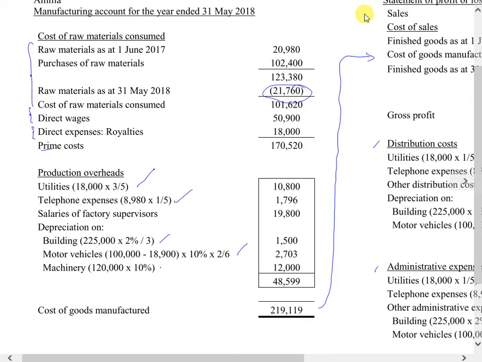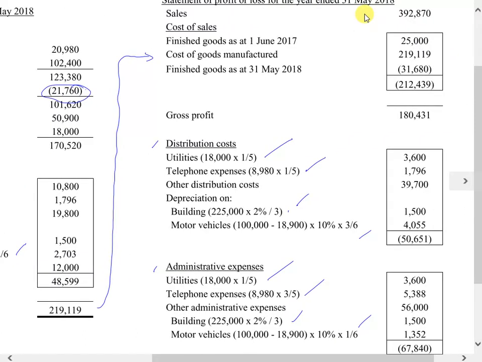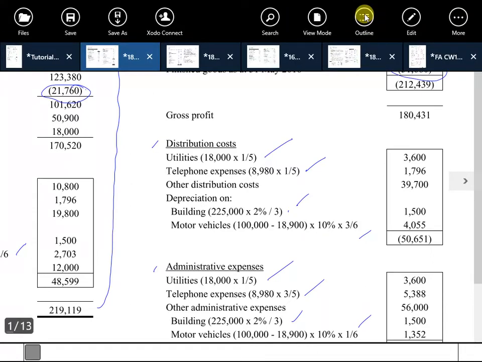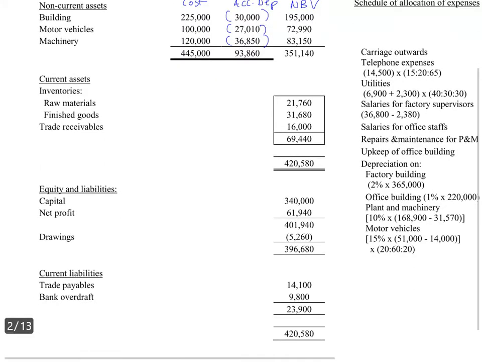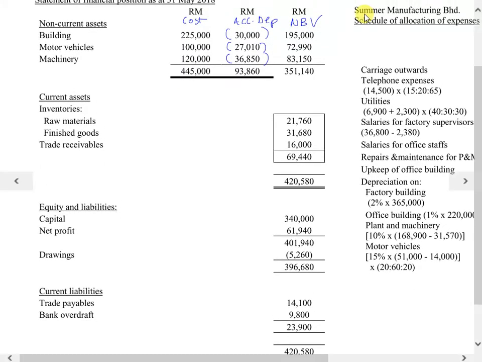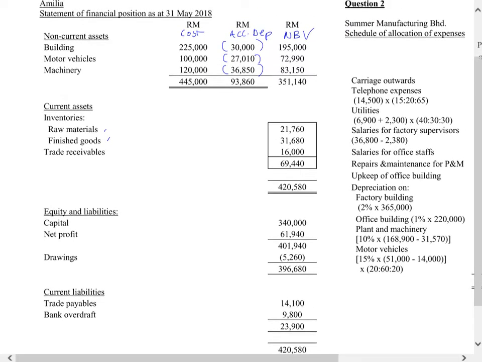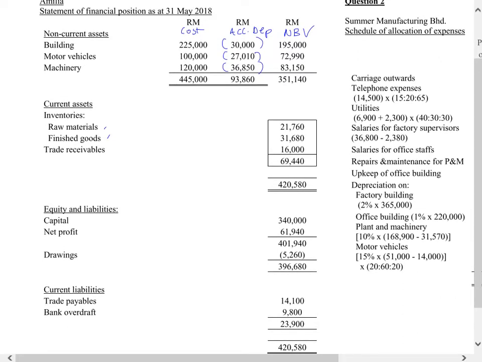Closing WIP at the bottom here, don't have. So closing raw material and closing finished goods, 2 only. If you look at the answer for SFP, I got 2 inventory, raw material and finished goods. The rest will all be the same.